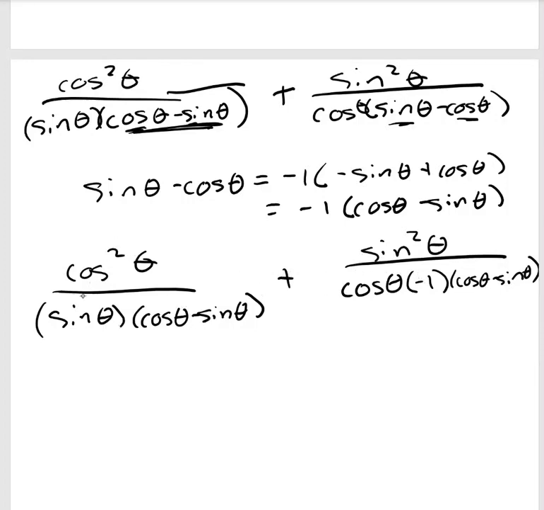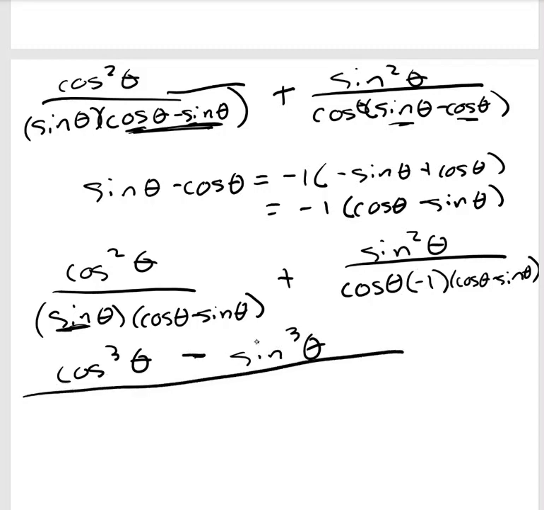The first term, I have sine on the bottom, but I really need it to be sine cosine, so I'm going to multiply top and bottom by cosine. So what that does is it makes it cosine cubed. And then on this side, I need a sine because I don't have the one over here, so I'm going to put a sine, so this will be sine cubed. And this negative, I'm going to move it here. And then I have sine theta, cosine theta, and then cosine theta minus sine theta.